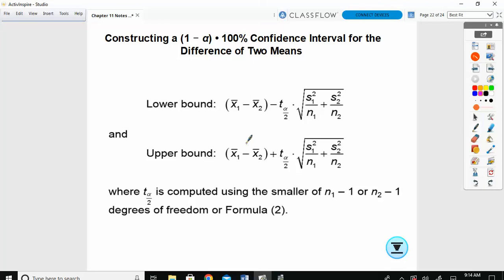It's similar to the confidence interval for one sample. You're used to doing your mean plus and minus the t times the square root of s squared over n. But what you have to do is subtract the means and add your standard deviations together. Again, I will show you how to do it by hand, but you can use your calculator for this if I ask you to create one.